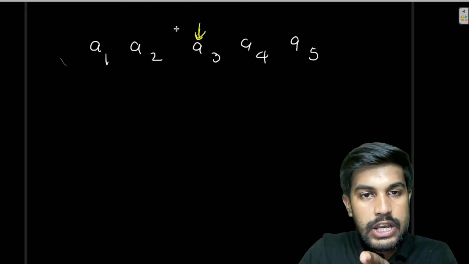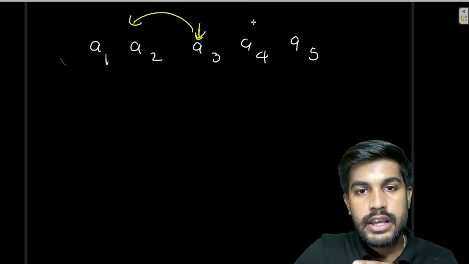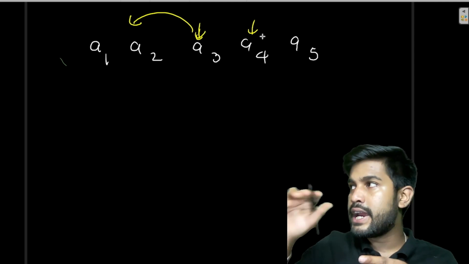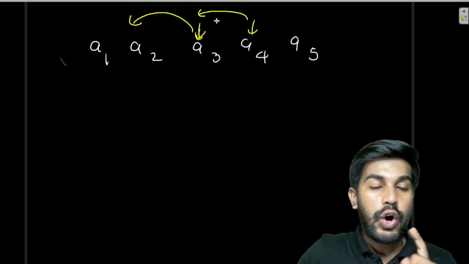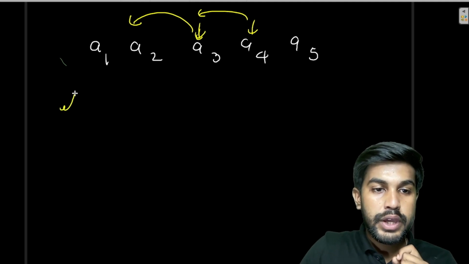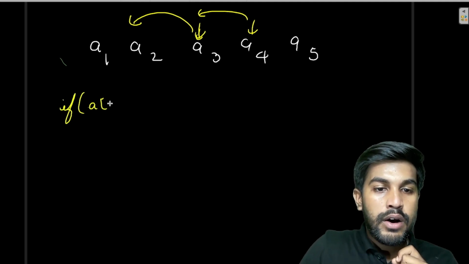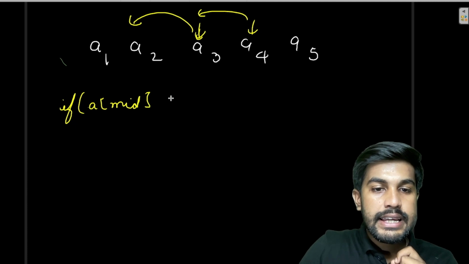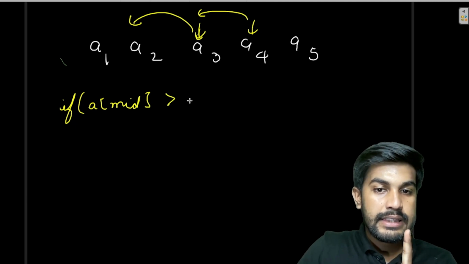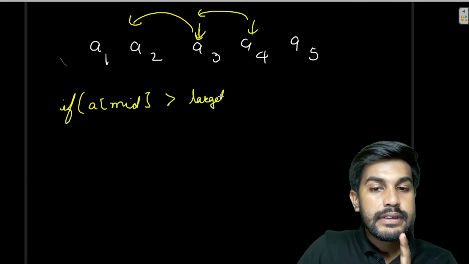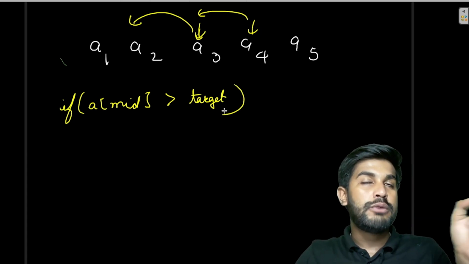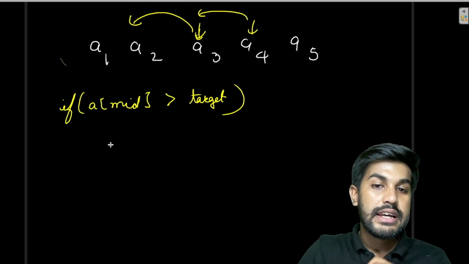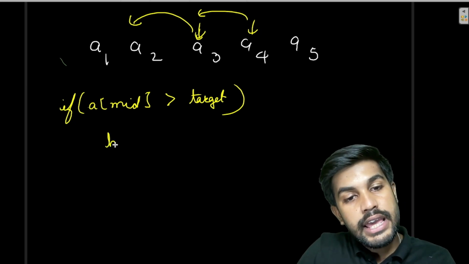Going to that position would have the elements greater than that, that is why we tend to move on the right hand side. If A of mid is greater than the target, we tend to move on the left hand side. Moving on the left hand side means that high is equal to mid minus 1.